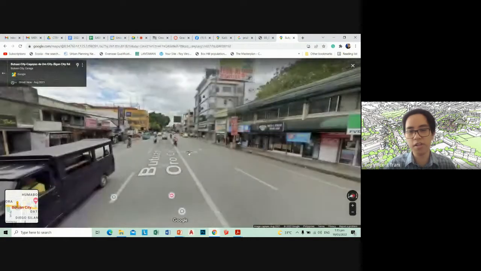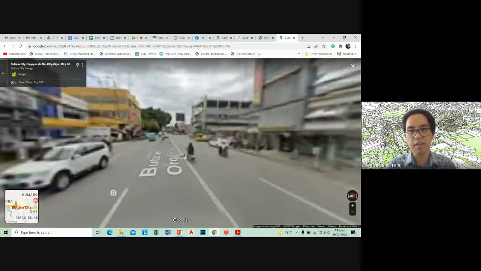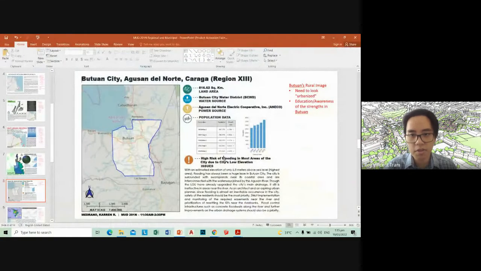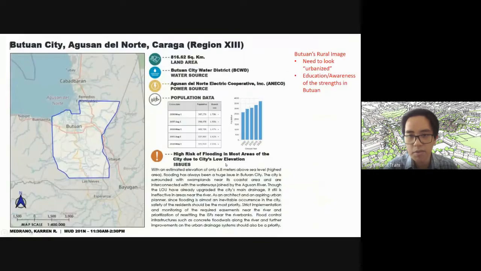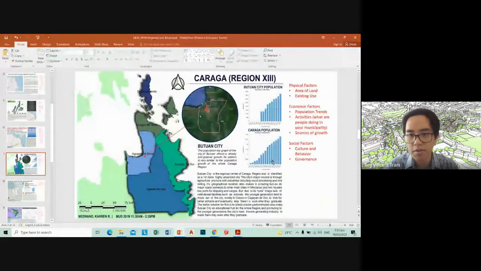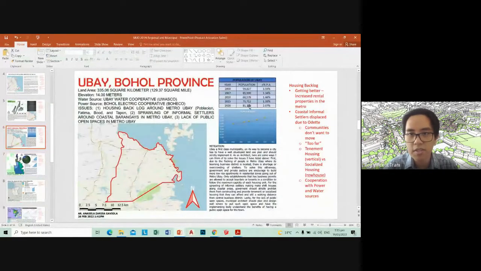I think one of the advantages, let's see the population numbers real quick. The population is 372,000 people as of 2020. Comparing that with others, over here in Caraga, sorry, this one is 81,000 in Bohol.